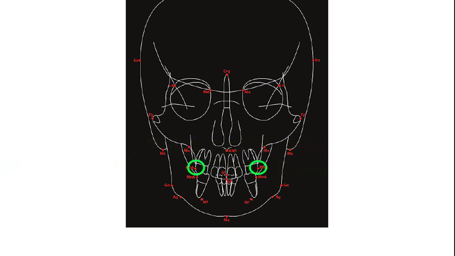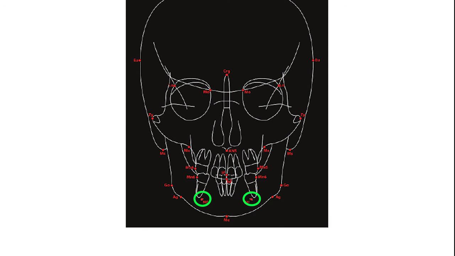MX6.BS. It is the most prominent lateral point on the buccal surface of the first permanent maxillary molar. MN6.BS. It is the most prominent lateral point on the buccal surface of the first permanent mandibular molar. Mastoideale, MS. MS is the most inferior point of the mastoid process.